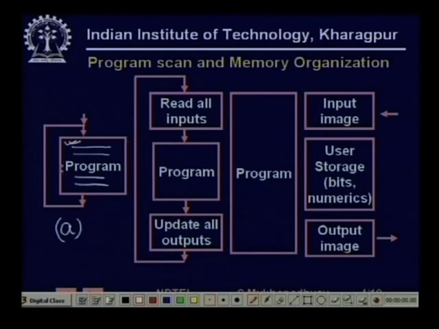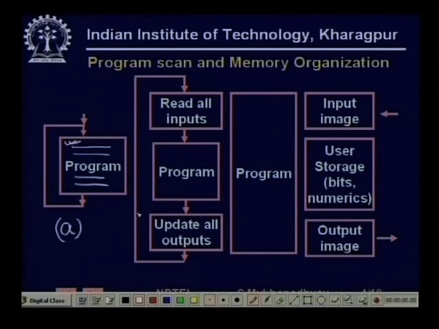Now, what happens within this overall program box, that is, what are the functions which are carried out in the program. So, as we all know that PLCs are real time embedded systems, they are reactive in the sense that they accept inputs from the external world and produce outputs which go to the external world, namely the machines.